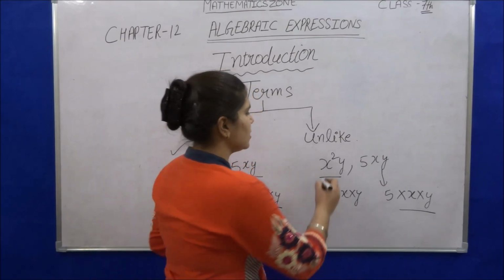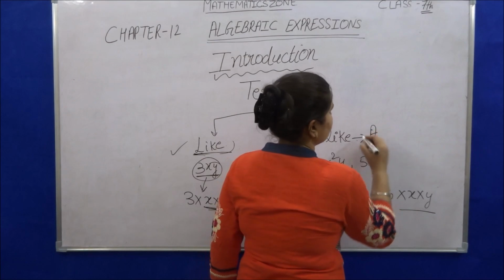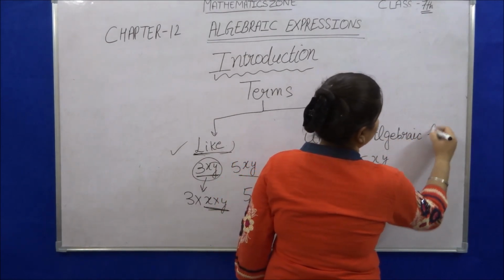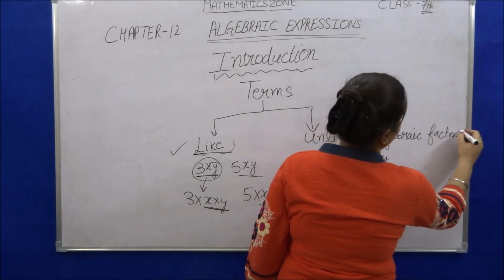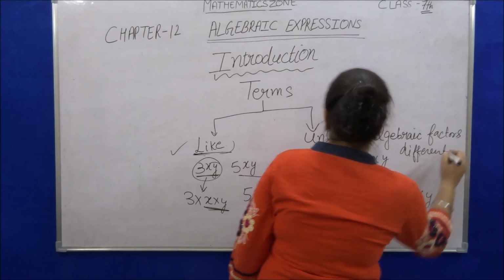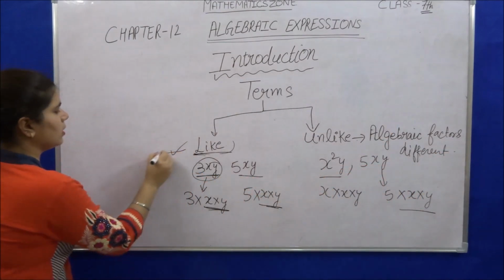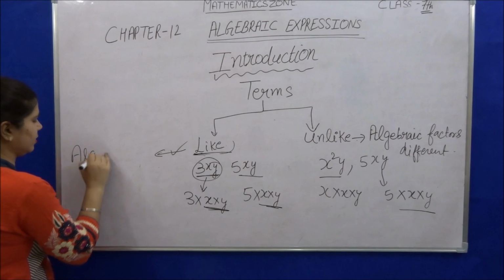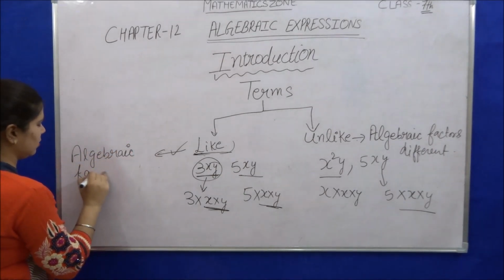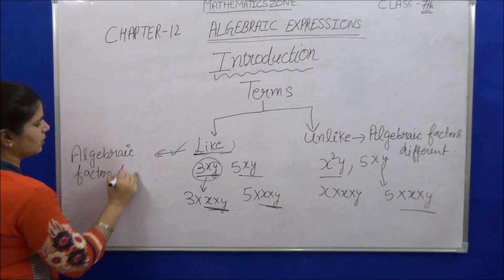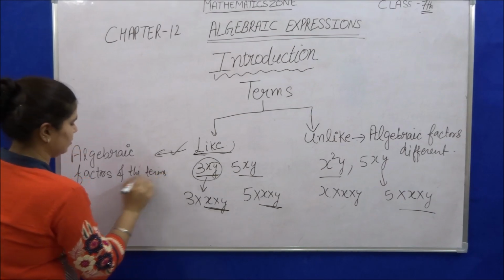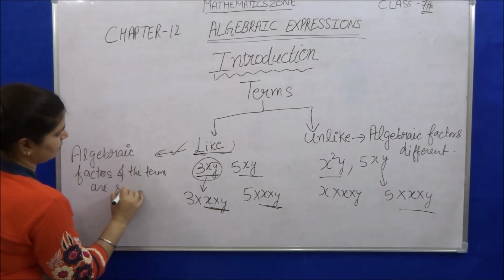Since the algebraic factors are different here, these are unlike terms, while in the earlier case the algebraic factors of the terms are the same.